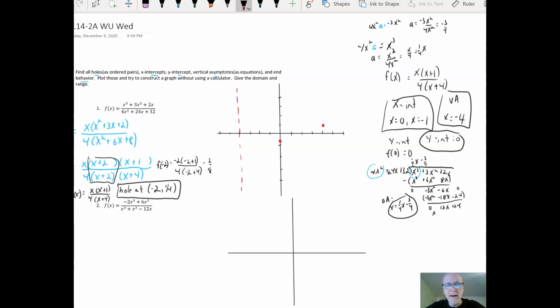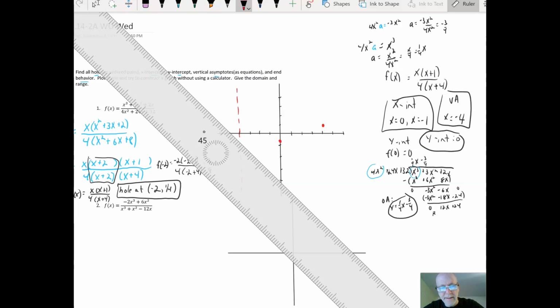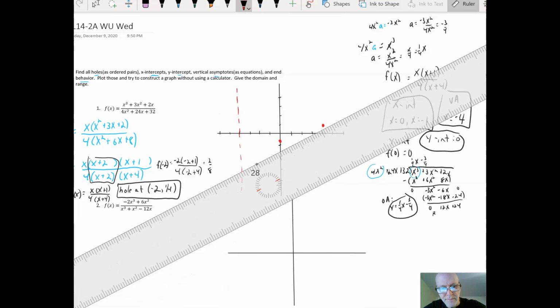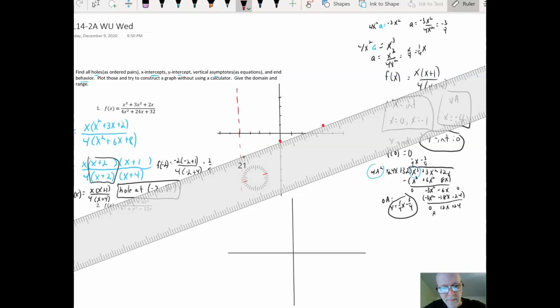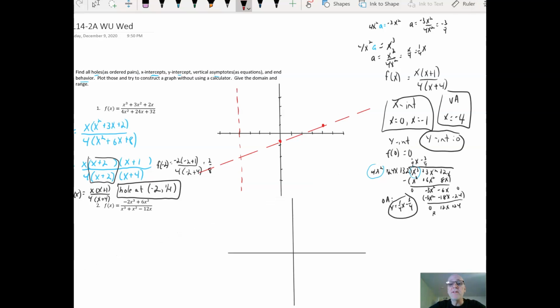Let's see if I can make this kind of straight. There's my oblique asymptote. Not bad. Just going to make one more line, even though it might overlap with the numbers a little bit. Okay, so I've got my 2 asymptotes.